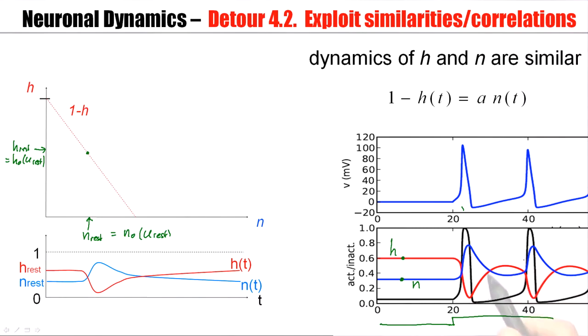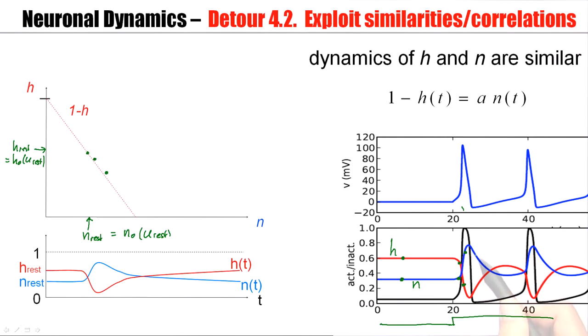For example, immediately after the onset of the stimulus, I see that H is going down. This might be this point here. Then a little bit later, H has gone down even further. N has gone up even further. So this might be this point.